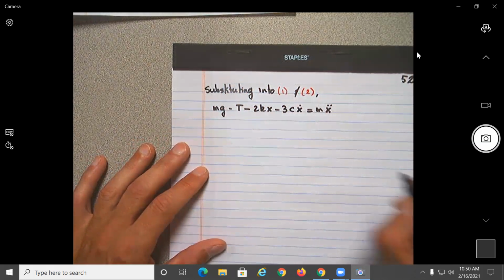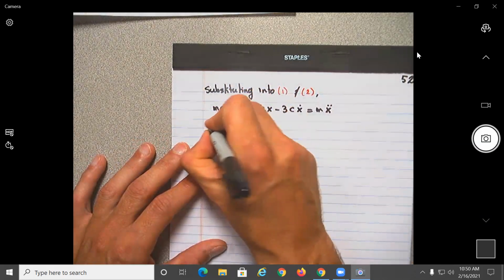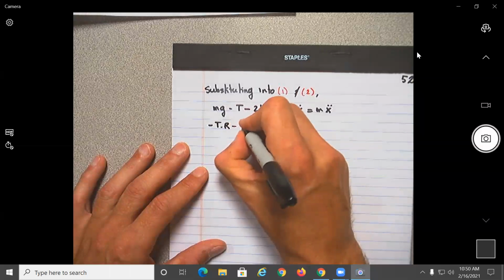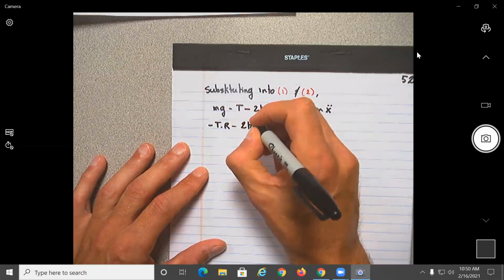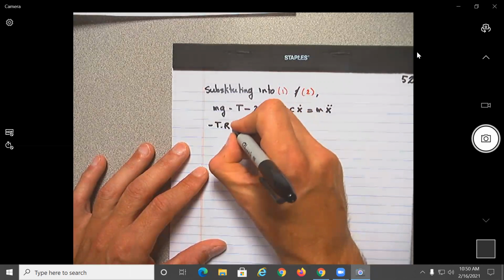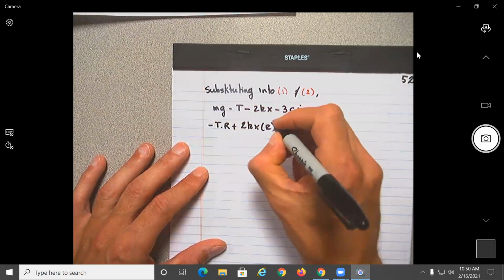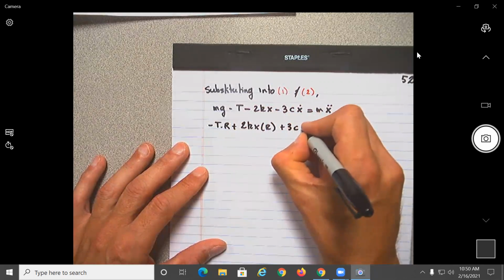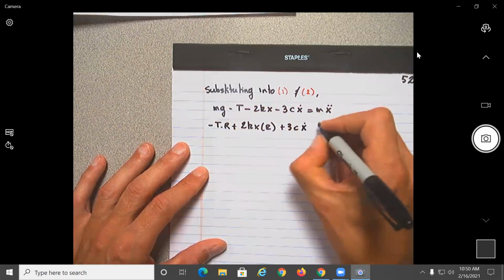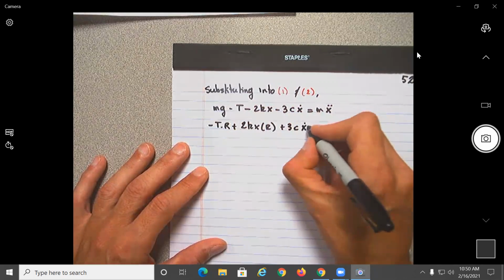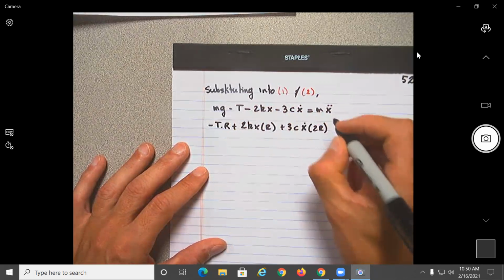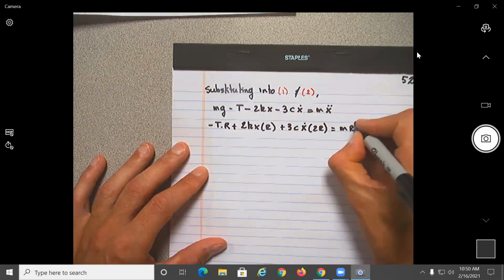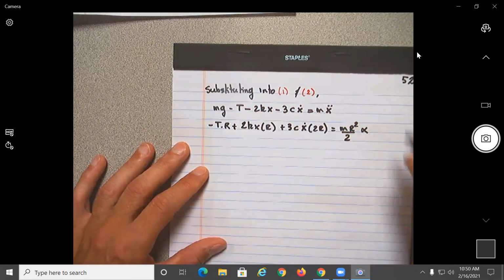And the other one will be minus T times r plus 2kxr, this is the spring, plus 3c x dot times r, equal to r squared over 2 alpha.